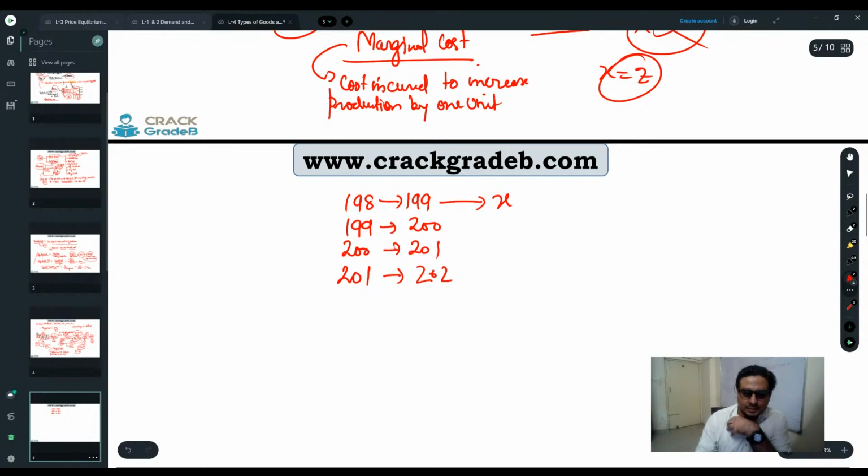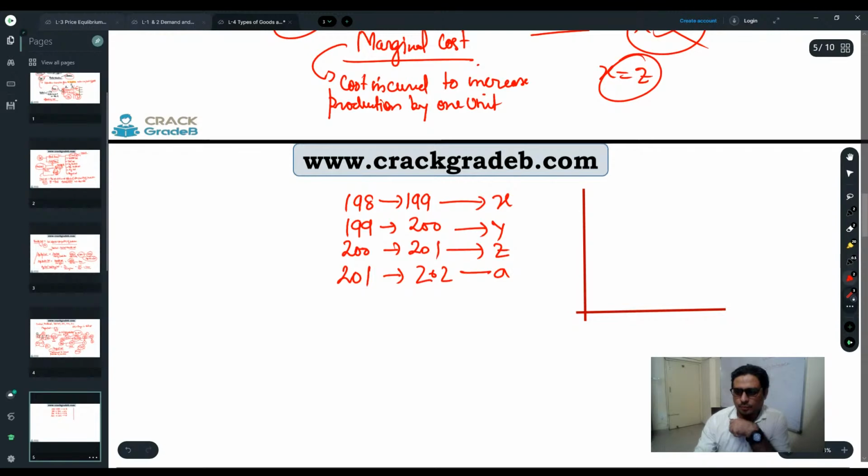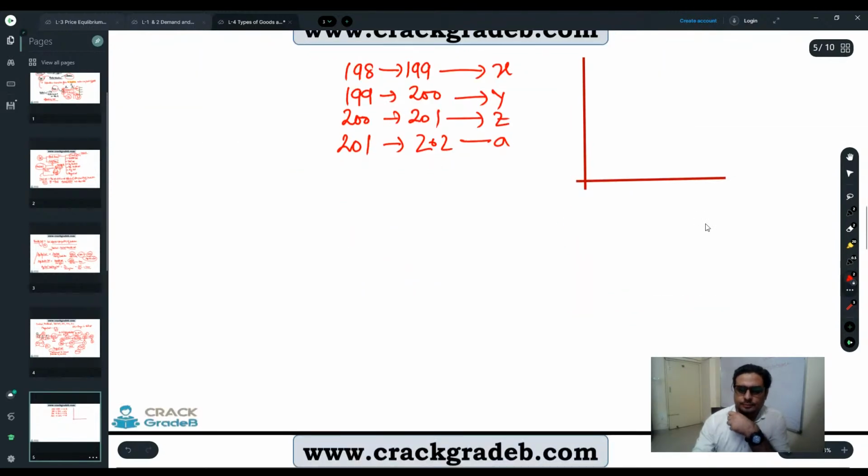Here the cost was X, here the cost was Y, it is Z, and it is suppose A. So if we go on the curve, marginal cost and unit of production: here is 198, then 199, 200, 201, and 202. And this is marginal cost.